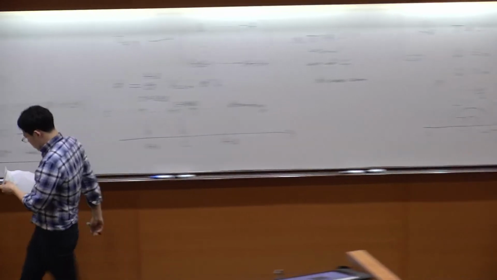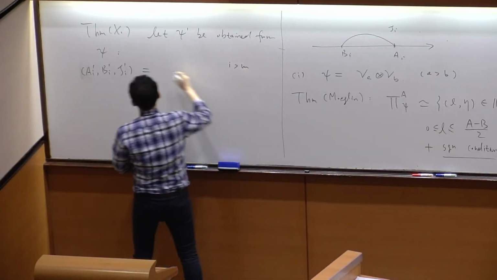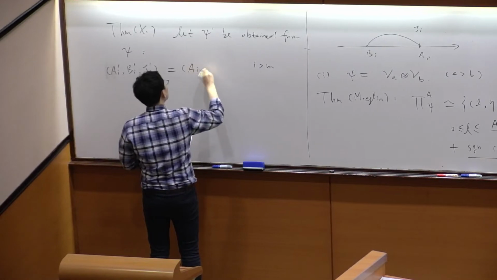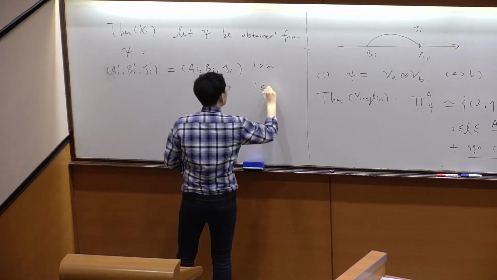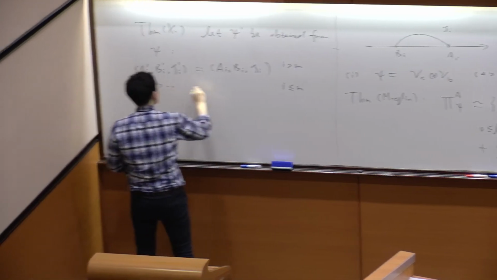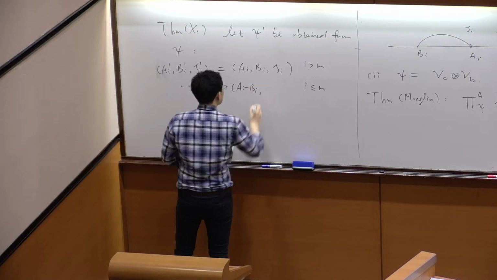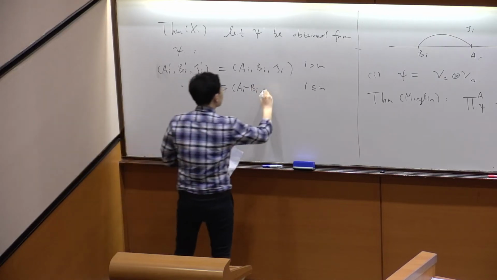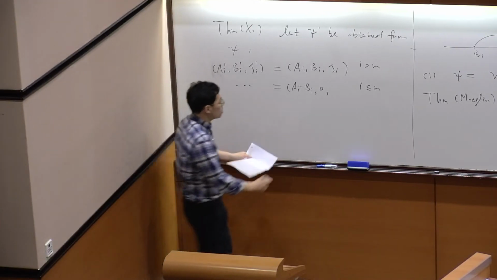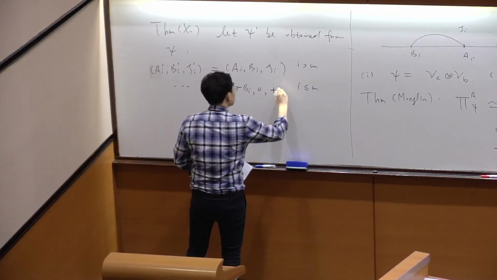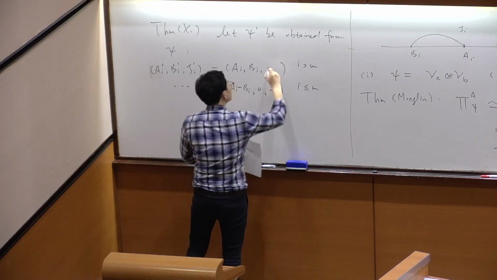So for I bigger than M, they are all the same. And for I less than or equal to M, what you do is you take A_I minus B_I, that's the right endpoints, and then 0. Moreover, you're going to change the sign from minus to plus. So here, it's also plus automatically.